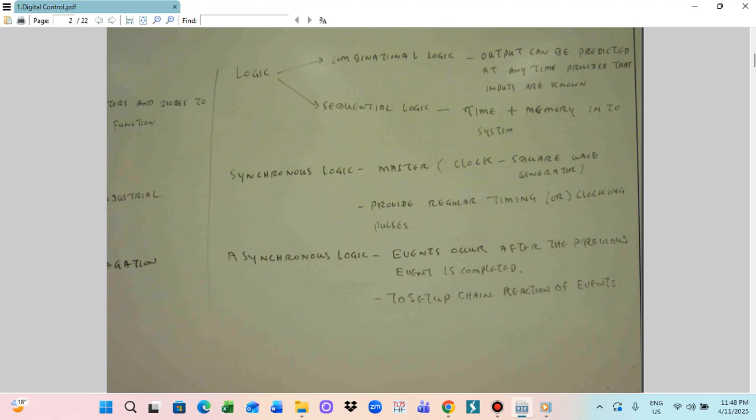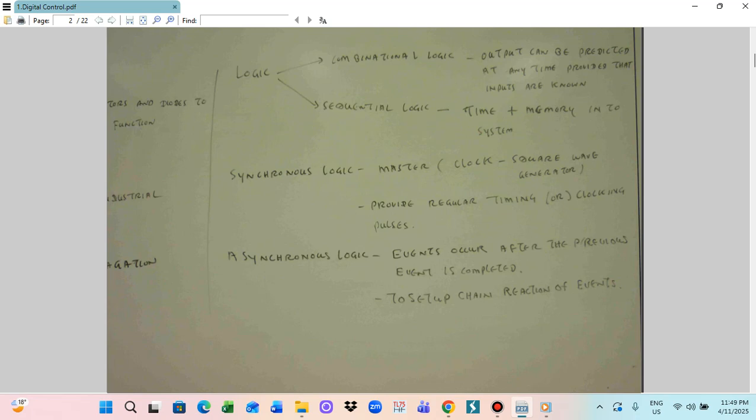So we can utilize it for the chain reaction of events, to set up a chain reaction of events. This is for the asynchronous logic system.